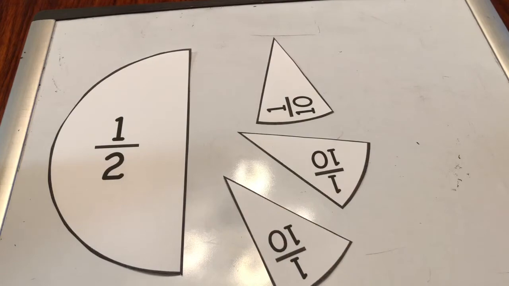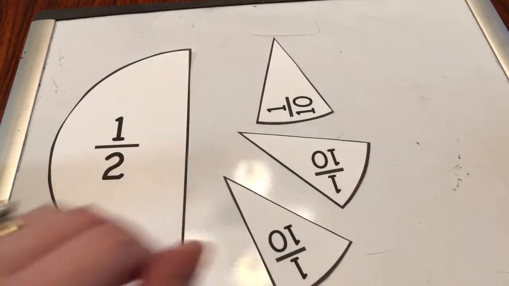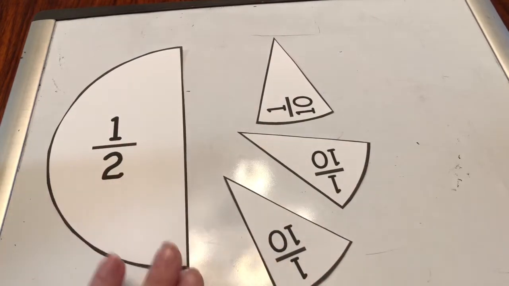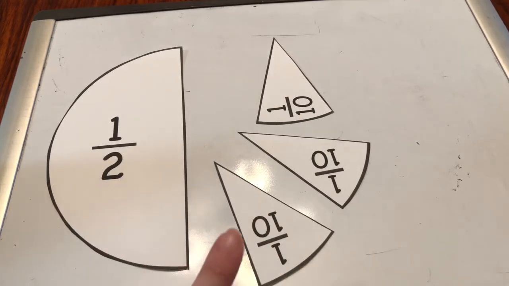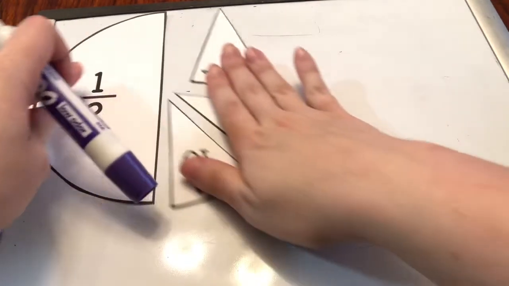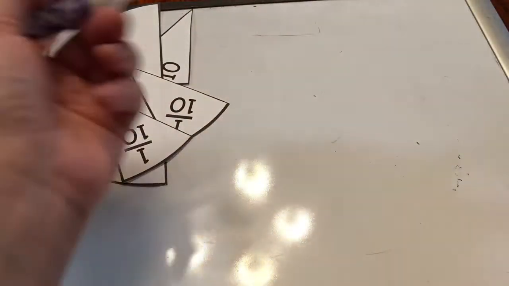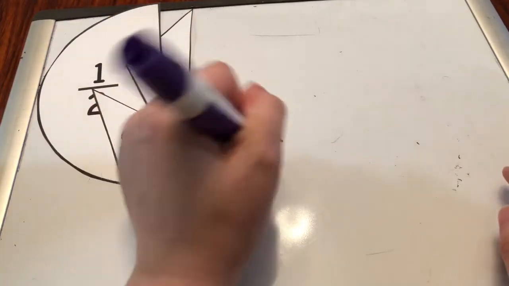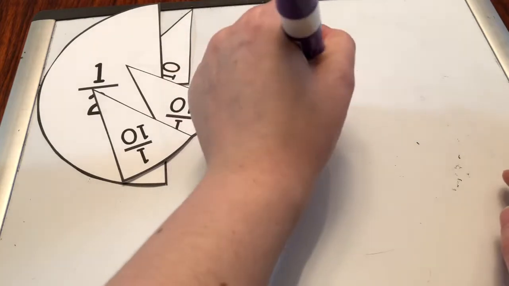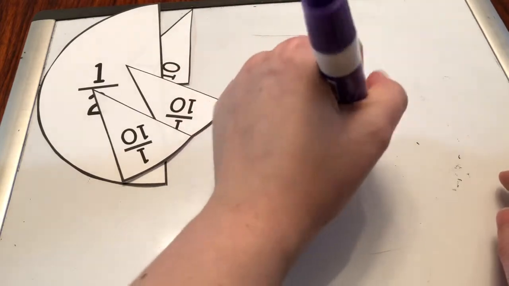Okay, so now we're gonna take a look at how we would figure this out with the material that you have at home. So let's say I want to add 1/2 and 3/10. I'm gonna write that down. I'm gonna scoot these off to the side to write it down. So I have 1/2, and I want to add 3/10.